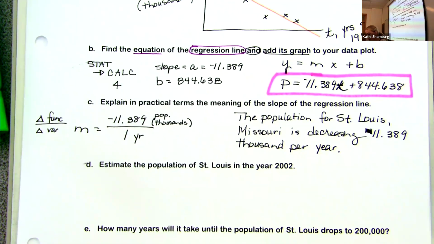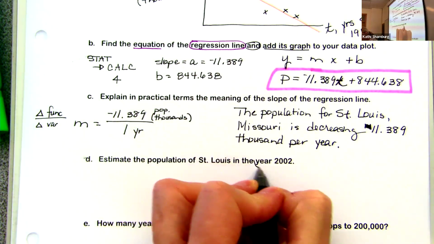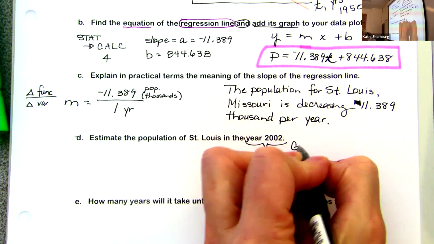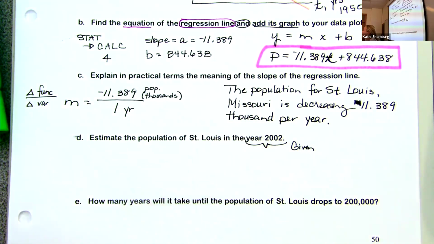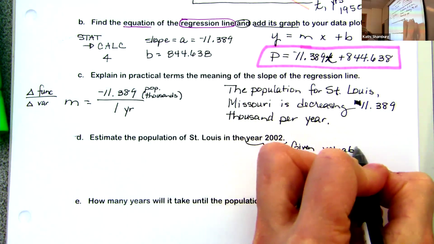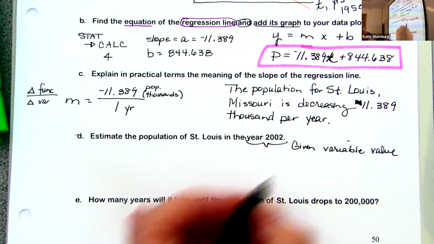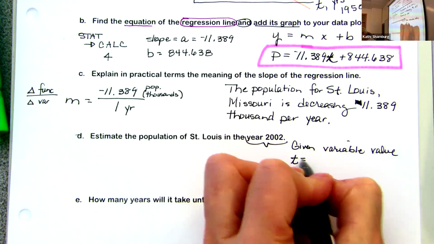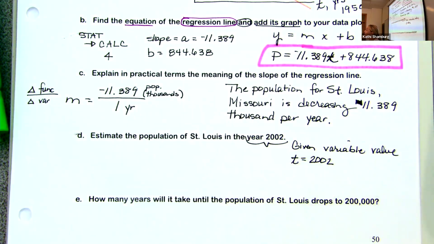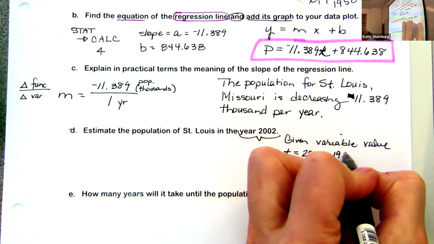All right. Estimate the population for St. Louis in the year 2002. We were given variable value. All right. So my variable is T. Does T equal 2002? Is that what I'm going to substitute into? No, it's since when? Since 1950.